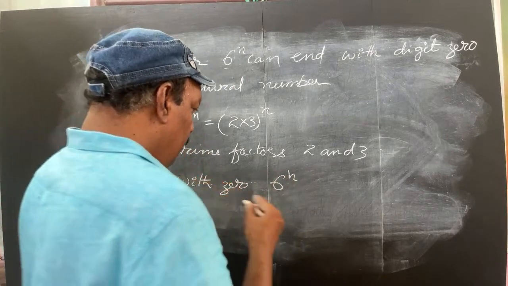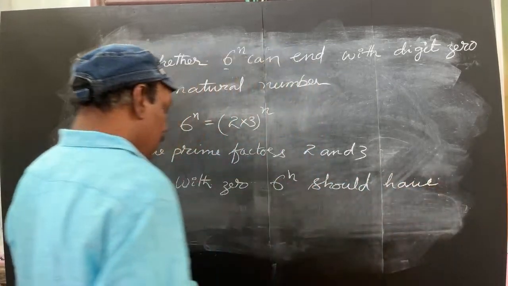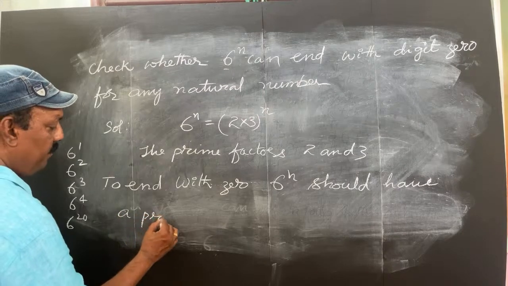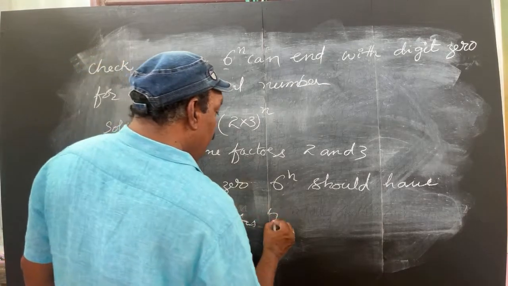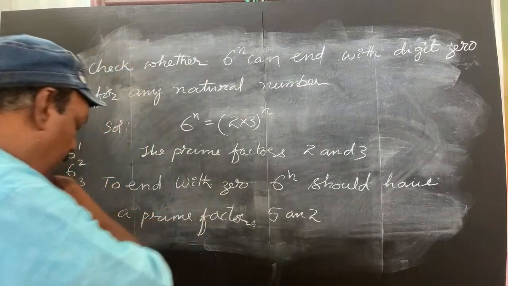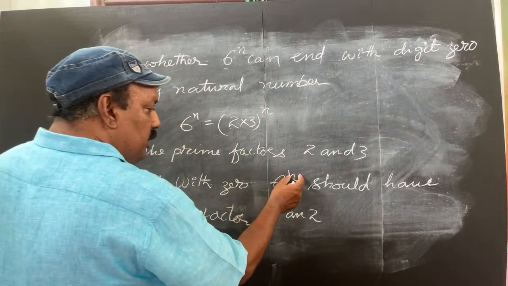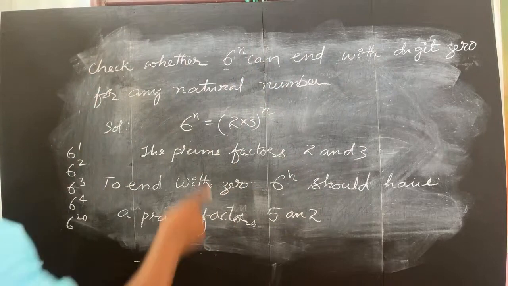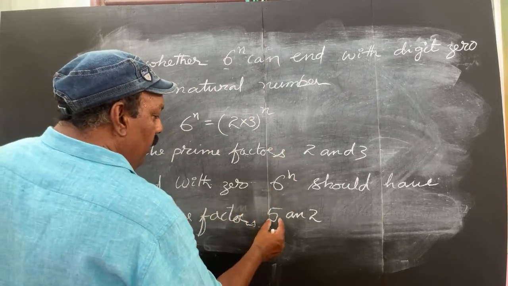To end with 0, 6 to the power of n should have the prime factors 5 and 2.